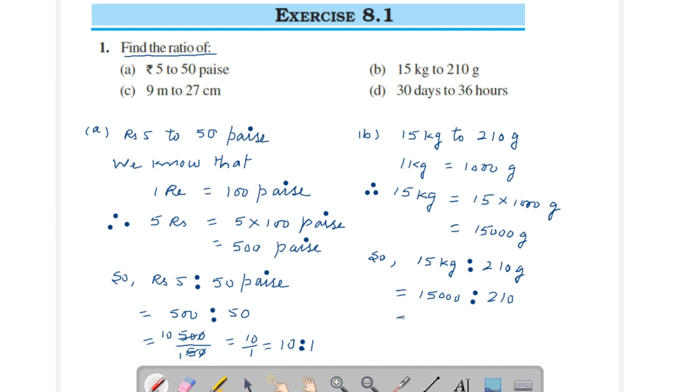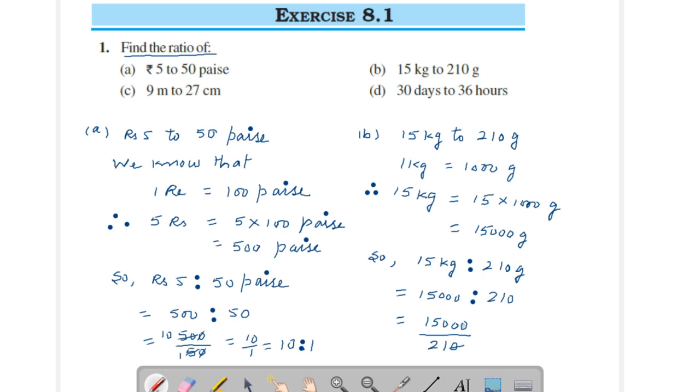Write in fraction form. This can be written as 15,000 upon 210. Now simplify it.